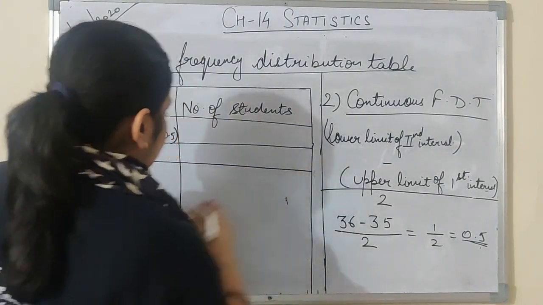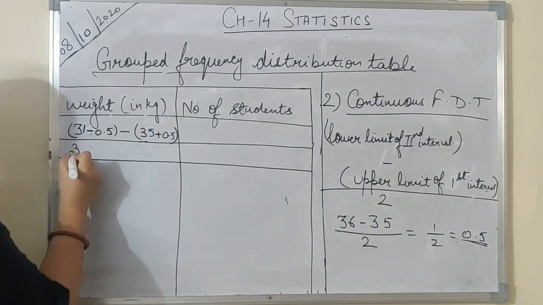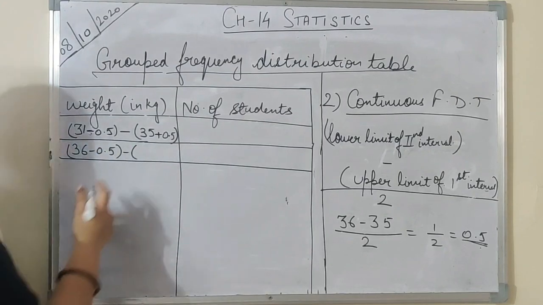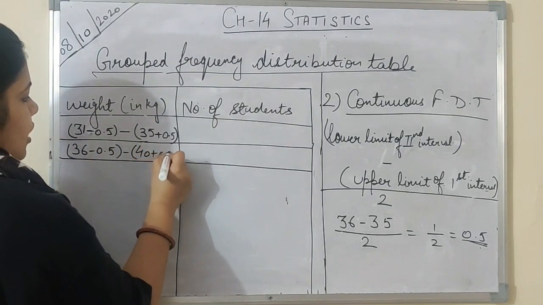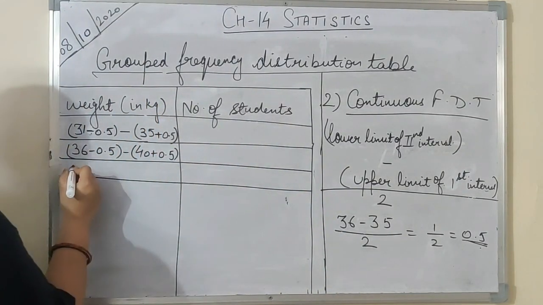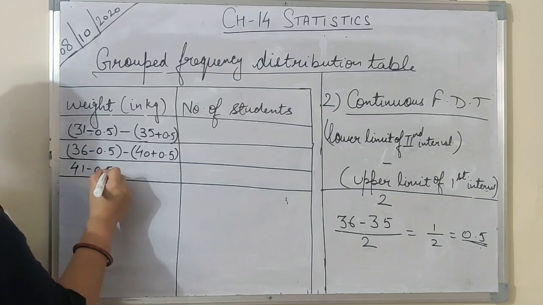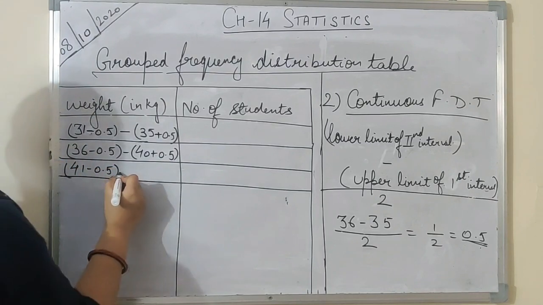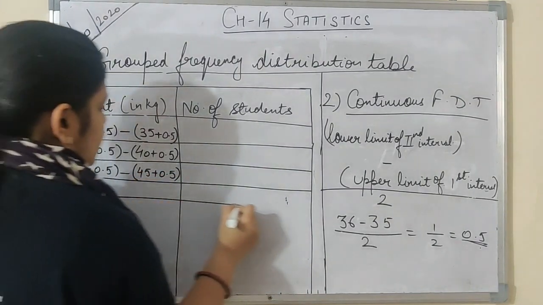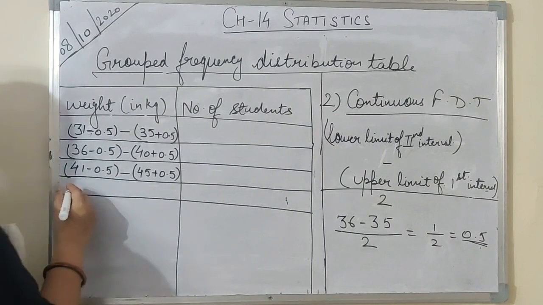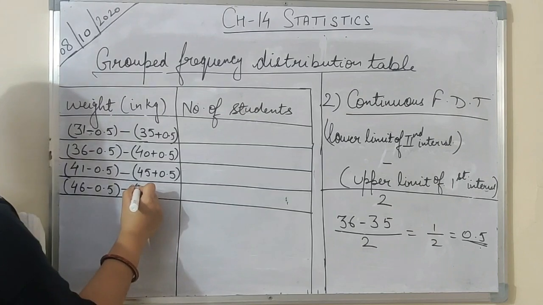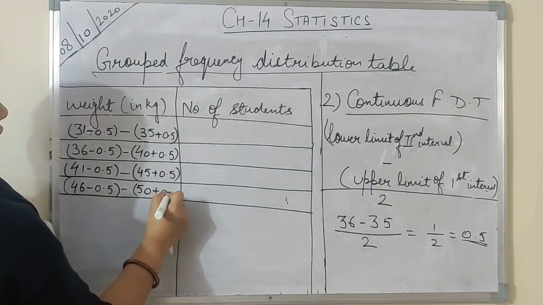Again, for the second, you will see that we will subtract from the lower limit and then we will add in the upper limit. Like this we will do in each and every interval. So I am doing 41 minus 0.5 and 45 plus 0.5. Then for the next, 46 minus 0.5, 50 plus 0.5.